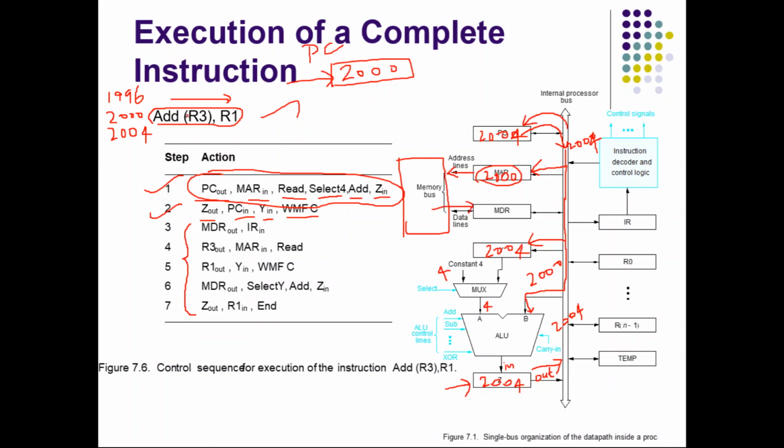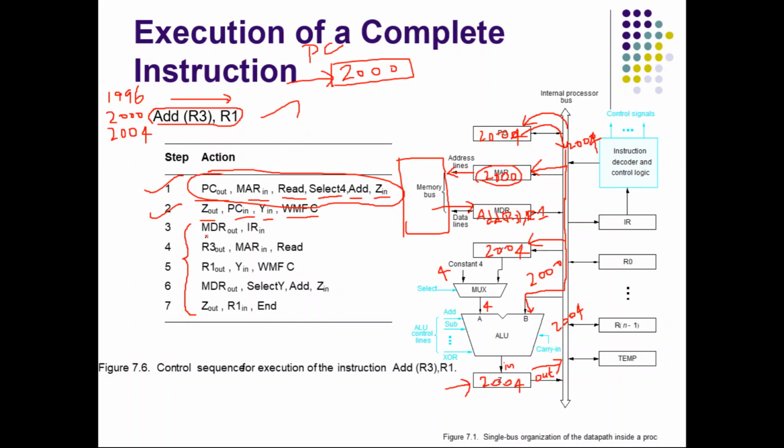What is that content? This instruction, add R3, R1, the same instruction as it is. It will first come to MDR, then from MDR you have to transfer to IR, because whenever you fetch something from memory it will come to MDR only. Similarly, if you want to write something to memory, you have to keep that in MDR.